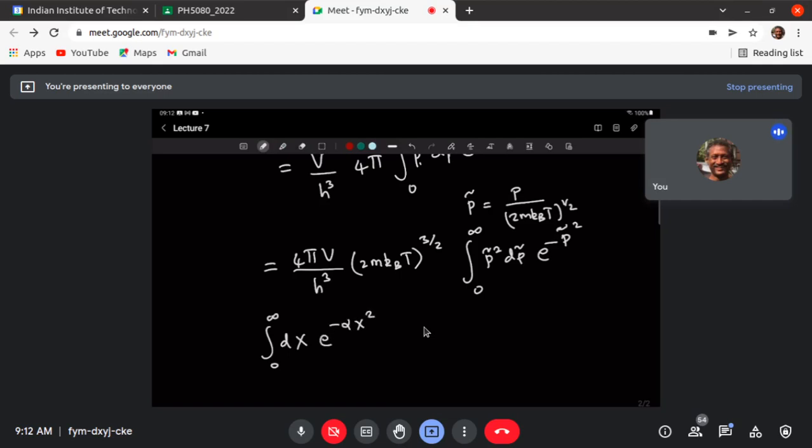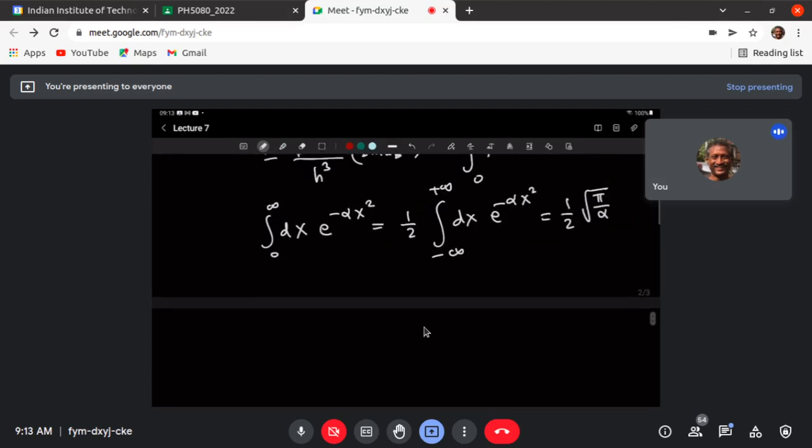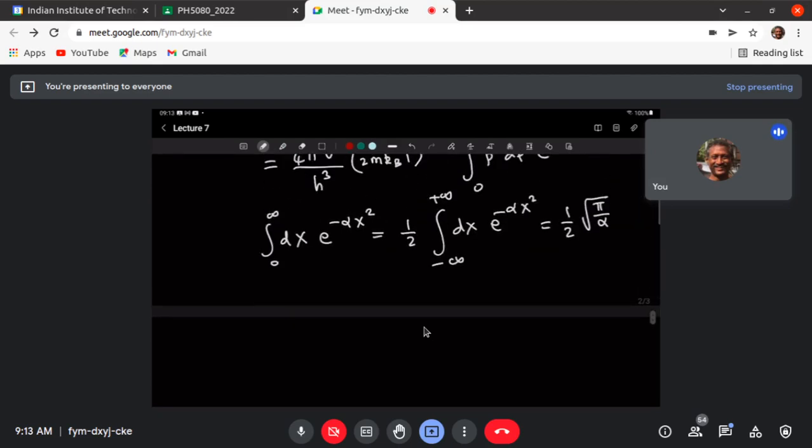Since it's an even function, this is equal to half the integral from minus infinity to plus infinity of e to the power minus alpha x square dx, which is half square root of pi by alpha. The way to do this integration now is to take the alpha derivative on both sides.